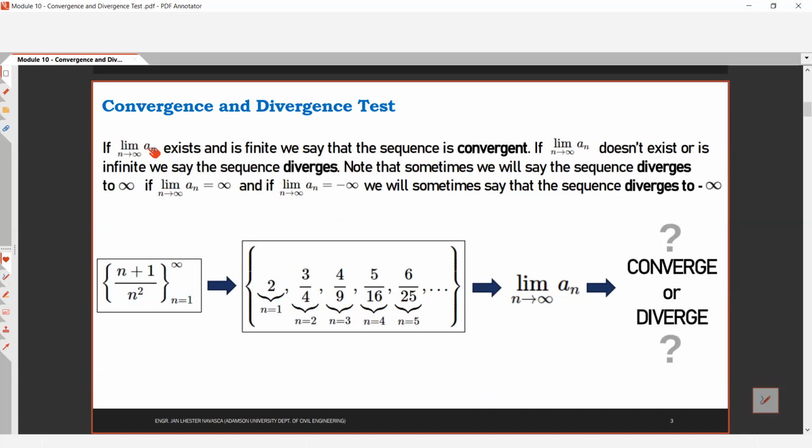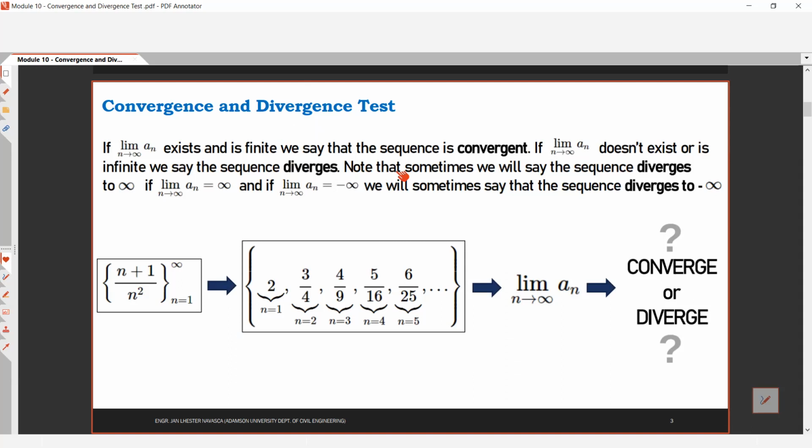If the limit of a sub n as n approaches infinity exists, then the sequence is convergent. However, if the limit of a sub n as n approaches infinity does not exist or is infinite, we say that the sequence diverges.